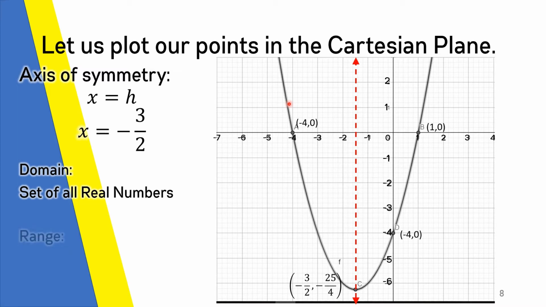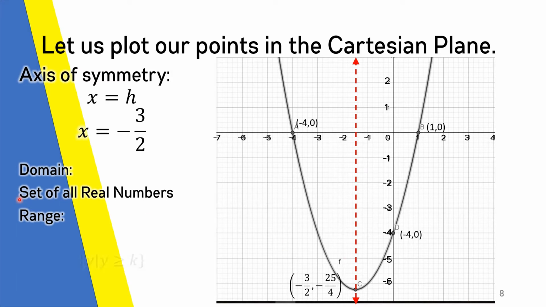For the range, we're going to see that it has limited values. The graph goes down and then goes back up again, so there are limitations on this range. If we go in this area, the graph doesn't go here, therefore this is not included in the y values.